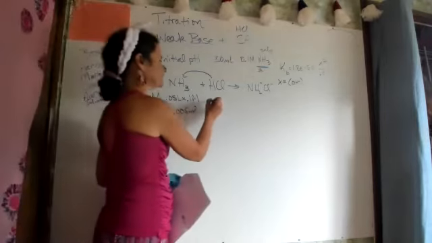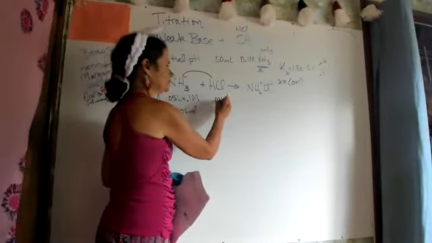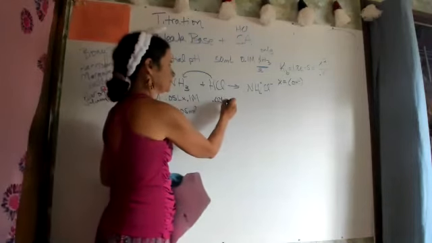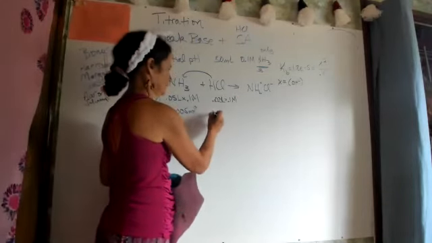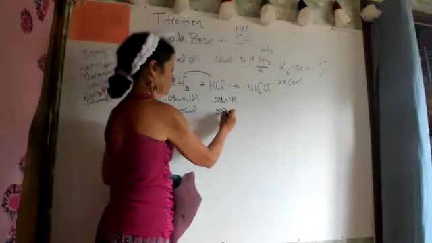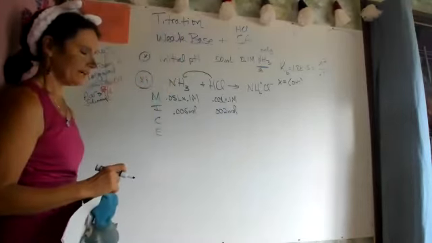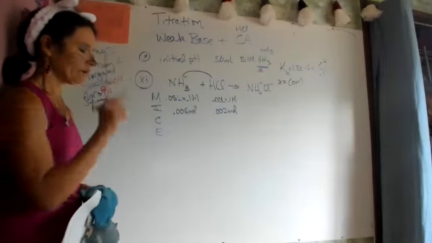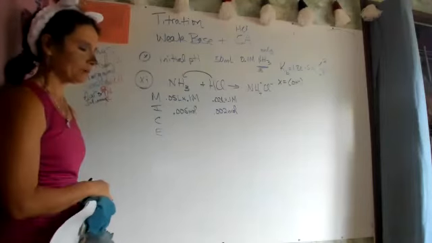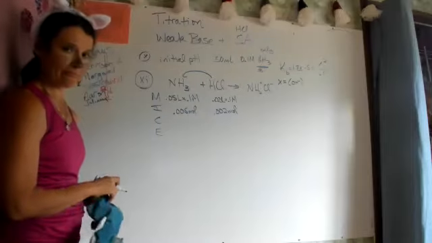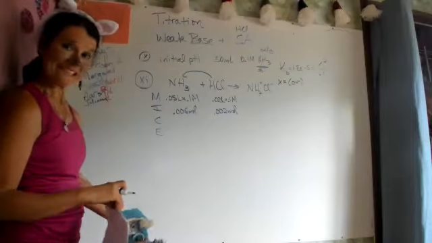The HCl is 0.02 liters, or 20 milliliters, times 0.1 molar. All right, here we go. What's my initial on the product side? 0. It is 0. Thank you.